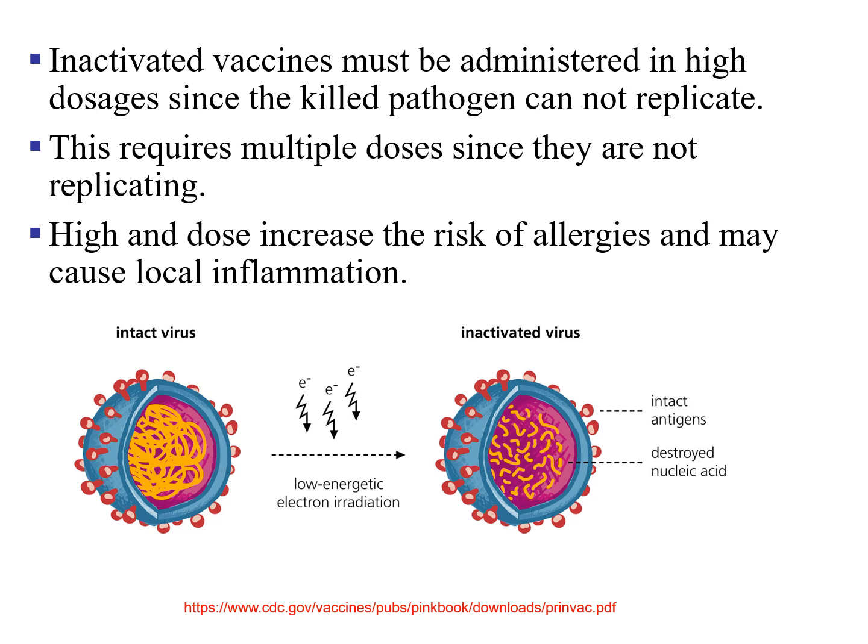Inactivated vaccines must be administered in high dose since the killed pathogen cannot replicate. This requires multiple doses since they're not replicating. High dose increases the risk of allergies and may cause local inflammation.